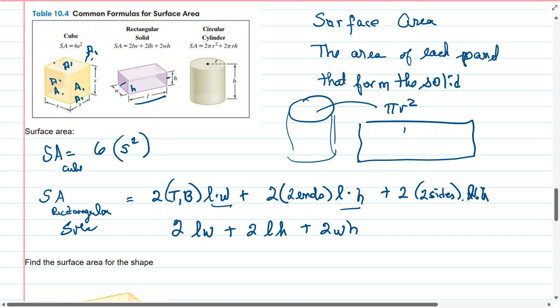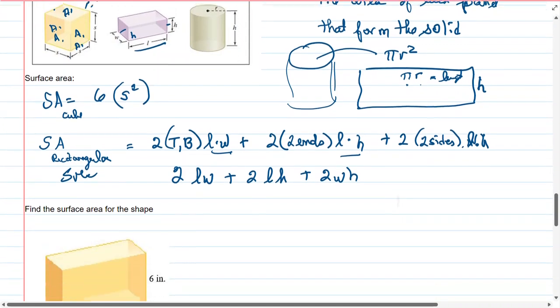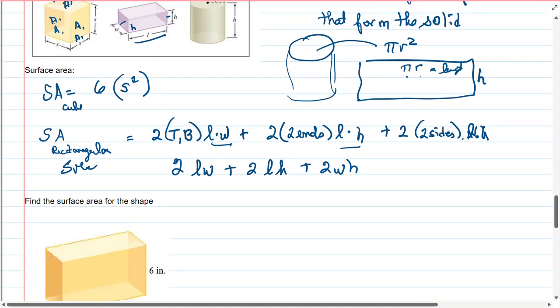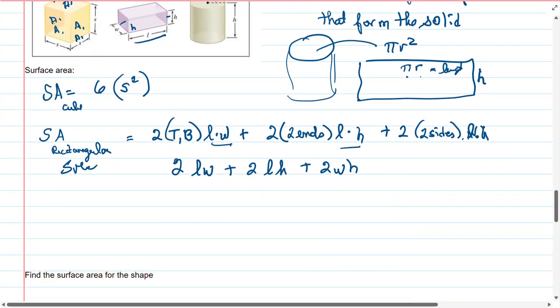And then we add to it the area of the rectangle, which is the circumference, 2 pi r, times the height.